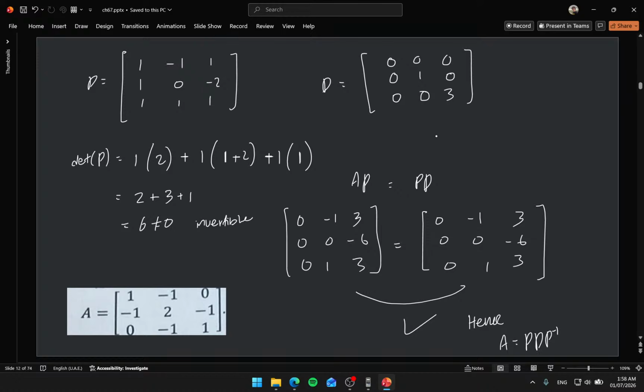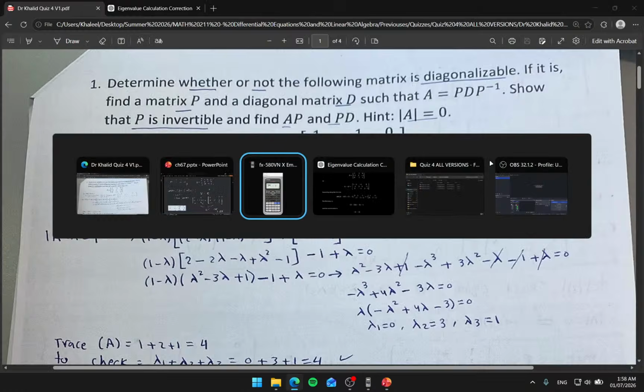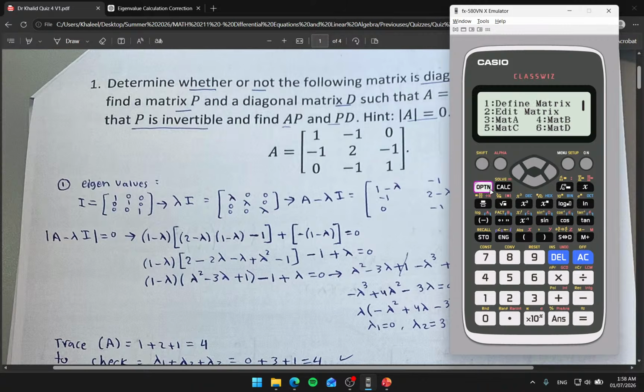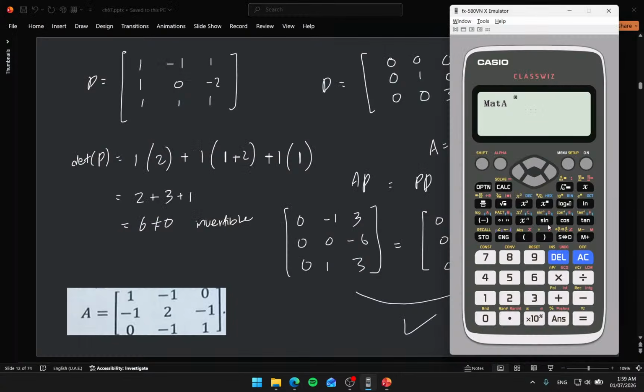So you can write it as A equals, and to find the inverse, I think you can do option, identity, no, can't you do like matrix P was matrix A, right? Can't you do negative like this? It's a syntax error.